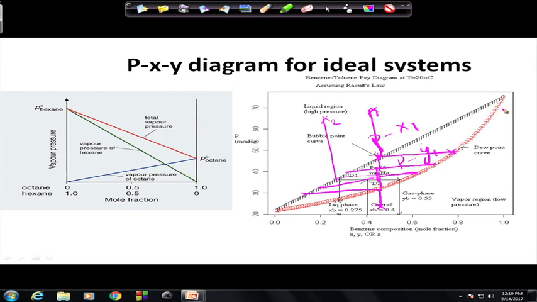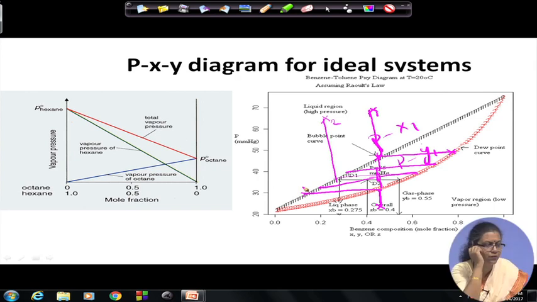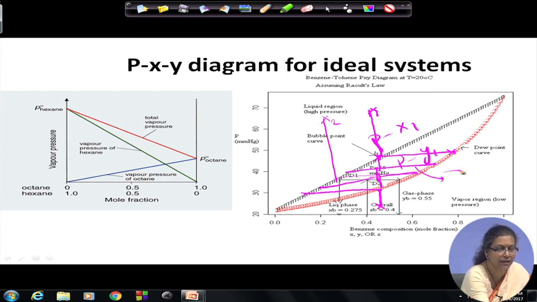So the saturated vapor curve gives the composition of the first dew which forms, whereas the other gives the composition of the first bubble which forms. Therefore, the top one is known as the bubble point curve, and the lower one, the saturated vapor curve, is known as the dew point curve. And these horizontal lines which connect the liquid and vapor compositions in equilibrium are known as tie lines.